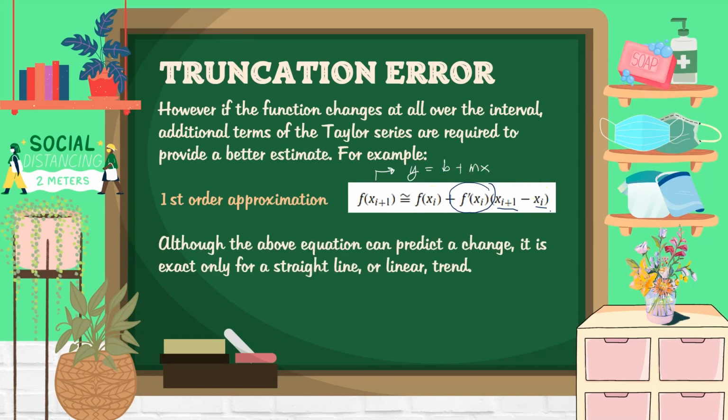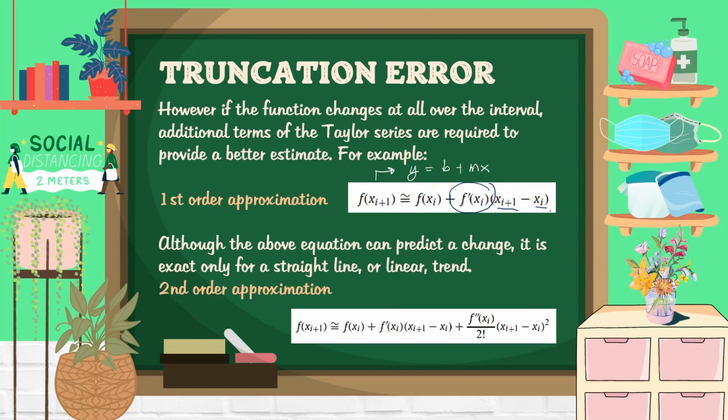Although the above equation can predict a change, it is exact only for a straight line or linear trend. Therefore, a second order term is added to the series to capture some of the curvature that the function might exhibit.